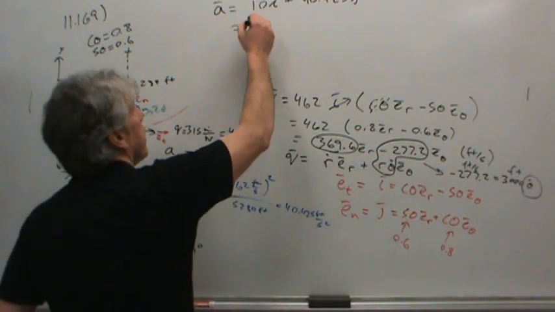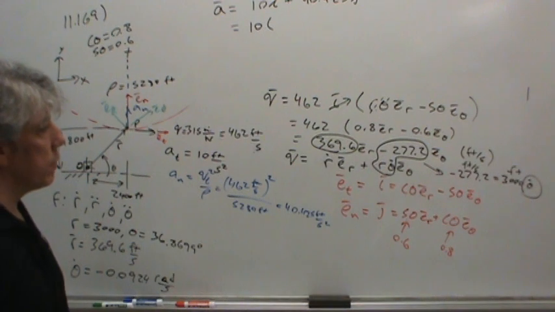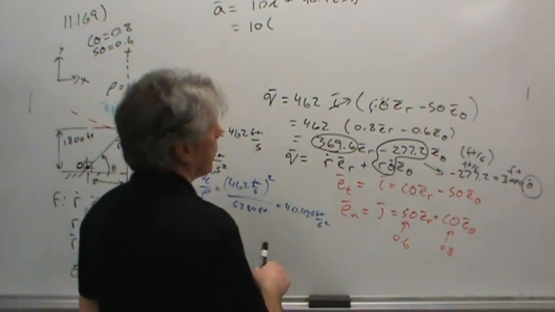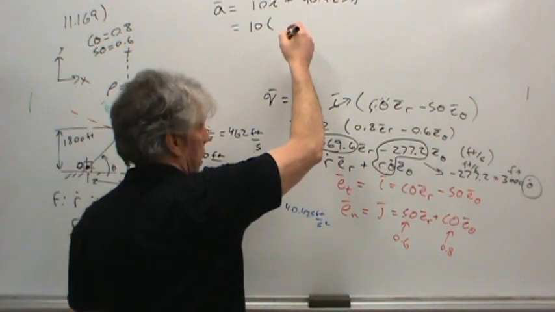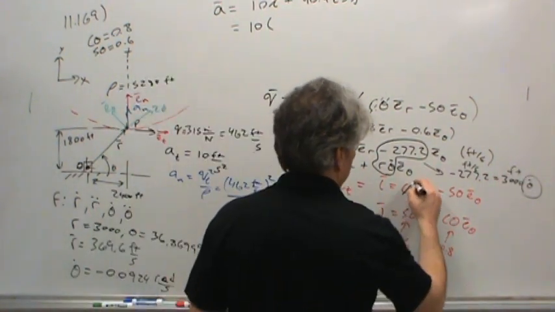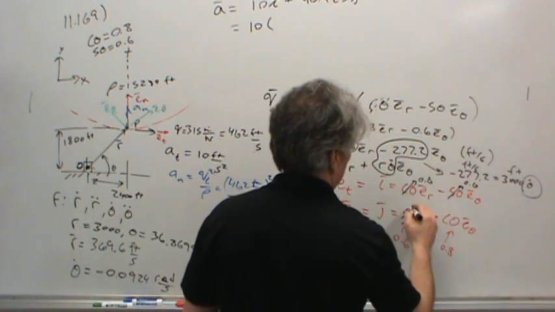So there's the acceleration written in either the normal tangential coordinate system or the Cartesian coordinate system. So what we're going to do now is, of course, transform it into the radial transverse coordinate system. So let's do that. So ET, or I, is cos theta. In fact, you know what? Let's save ourselves some time. That's 0.8. This is 0.6.